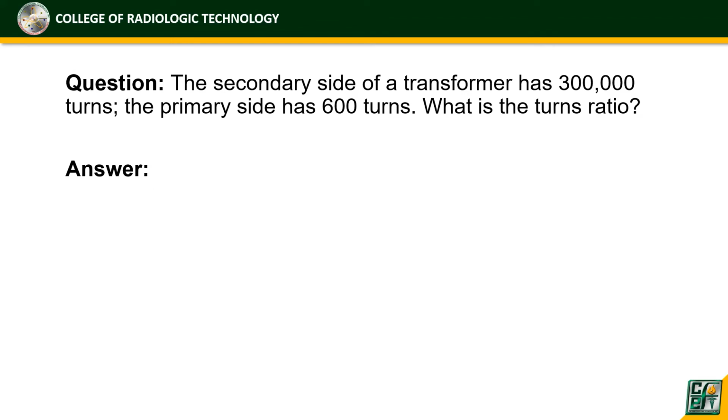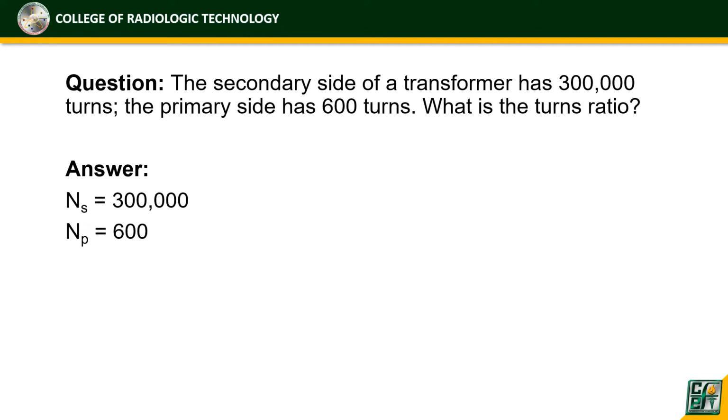So the answer is, of course, first we must identify the given. Okay, so N sub S, or the number of turns in the secondary coil, is 300,000. N sub P, or the number of turns in the primary coil, is 600.